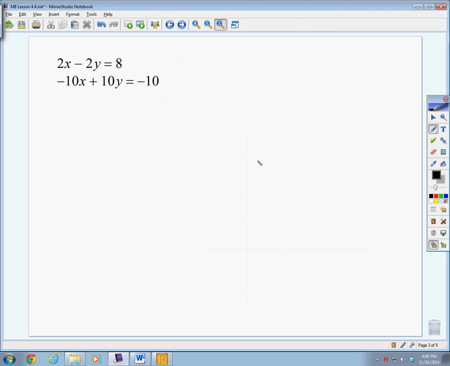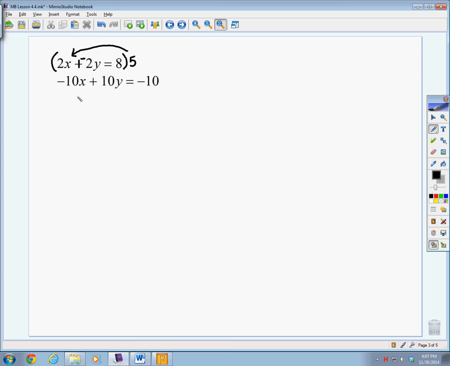Here we have the system 2x minus 2y, I'm going to make that plus a negative 2y equals 8, and negative 10x plus 10y equals negative 10. Looking at this, I think the best way to solve this would be to do elimination, because I see if I just take this top equation here and I multiply it by 5, I have a negative 10x here. 5 times 2x would give me a positive 10x, and that would be opposites.